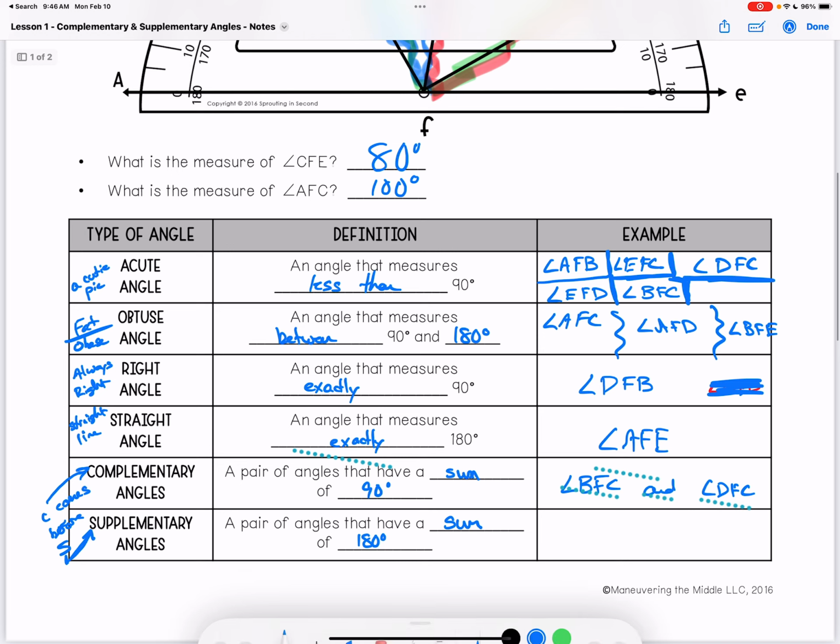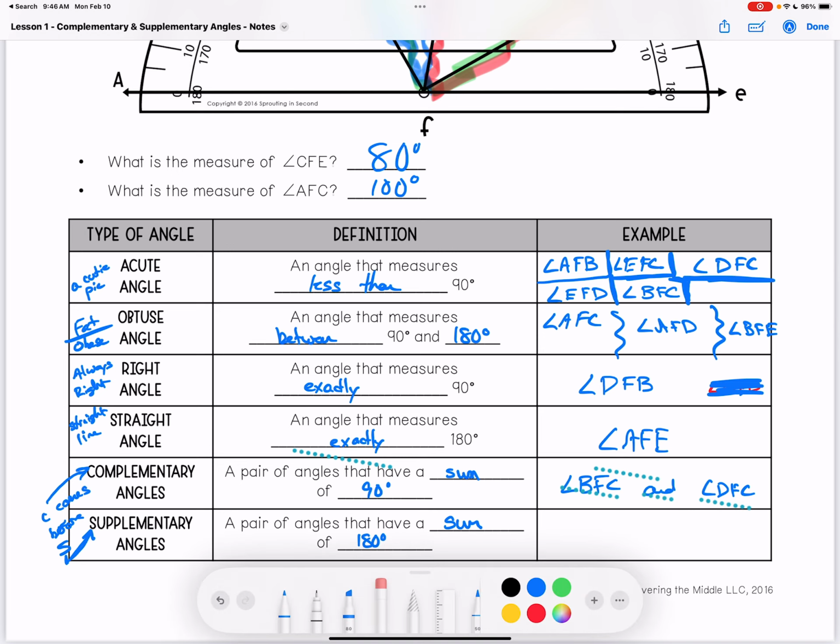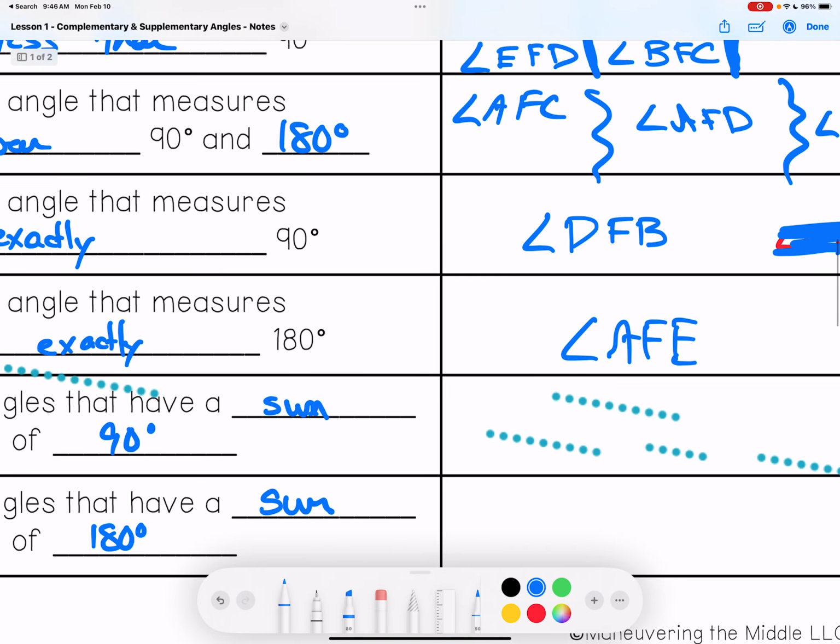All right, there's one more. Let me rewrite that so it's a little smaller, because there's one other set. So it was B, F, C, and D, F, C.